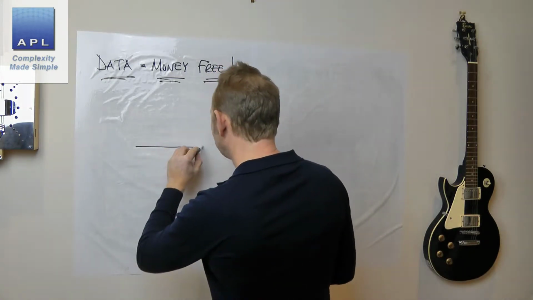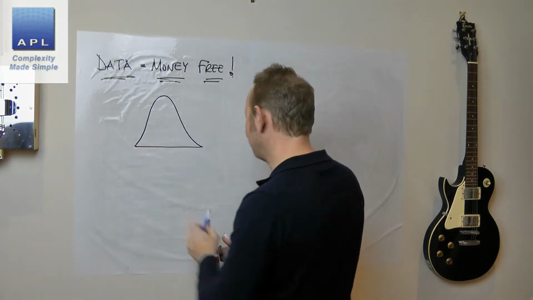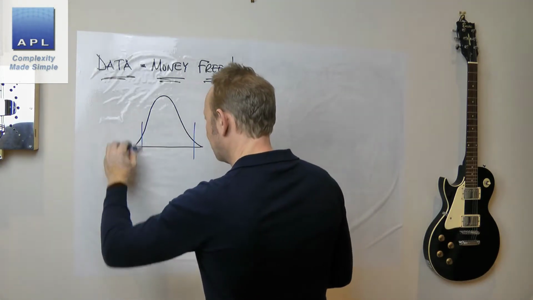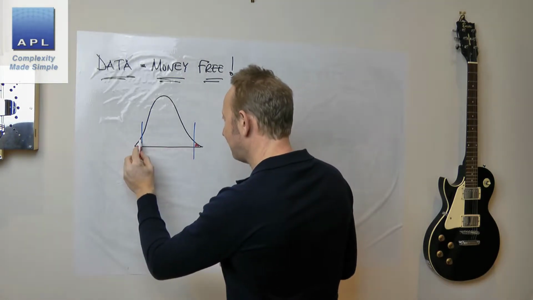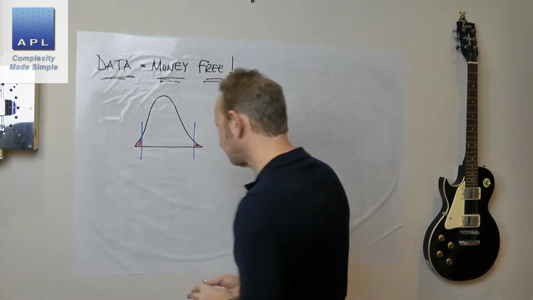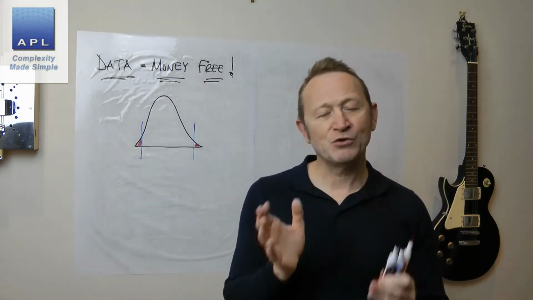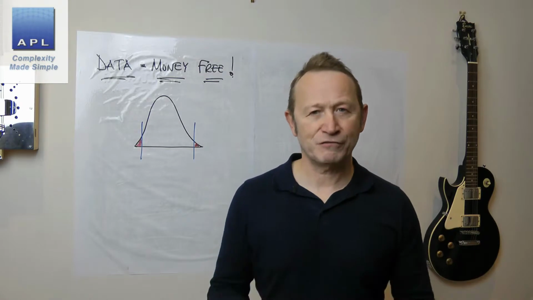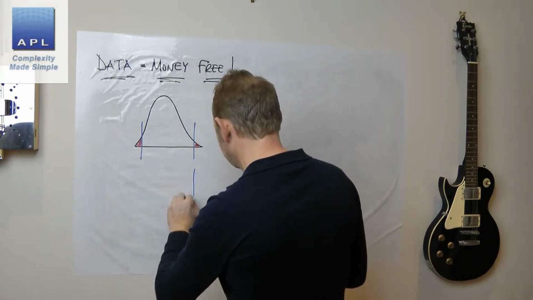Essentially, of course, all your processes generate a distribution. What are you trying to do? Well, you're trying to get that distribution in the best place possible in order to be as defect free as possible. Your process might look like that.